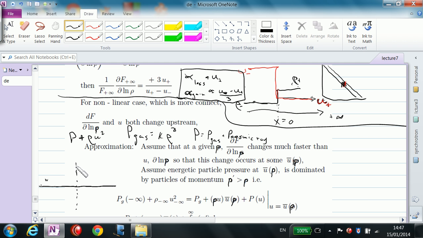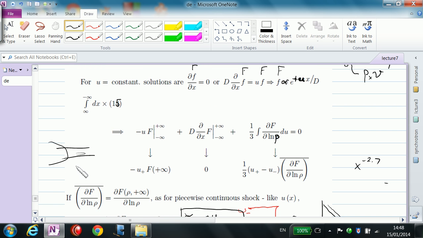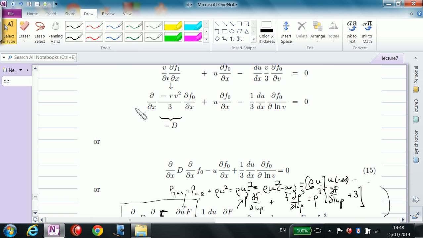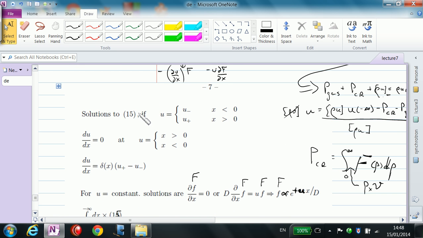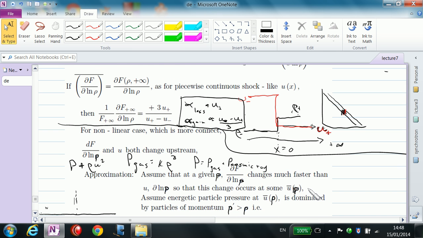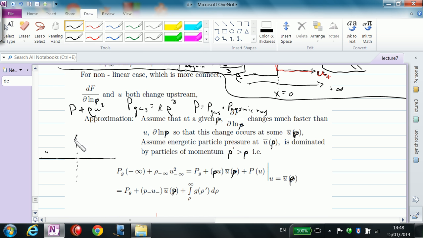Well, I know that the density, since I've solved this equation, decreases exponentially as x goes to minus infinity. So upstream of the shock, at different energies, they're decreasing differently.